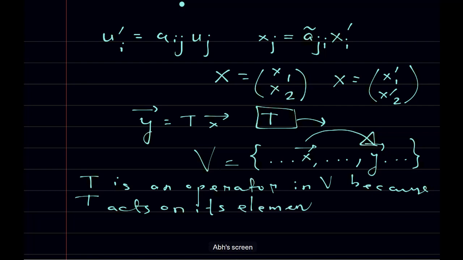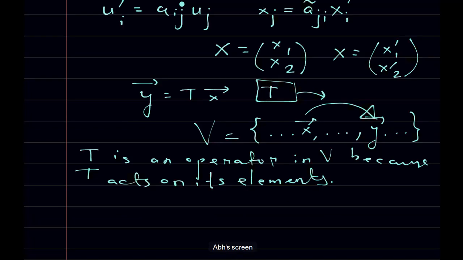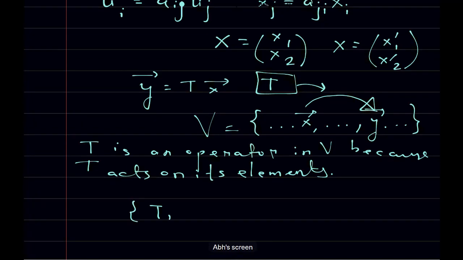Now it can so happen that there is a group of such T, say T1, T2, and maybe some finite number of operators acting on V. And if these operators form a group, then we say that this set which contains a set of operators that act on vector space V forms a group.